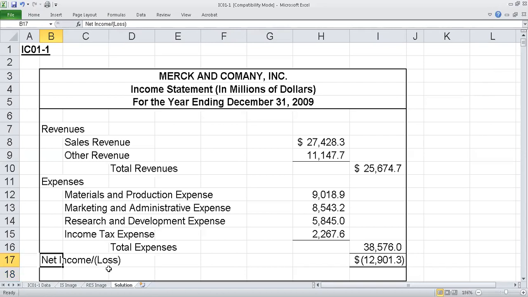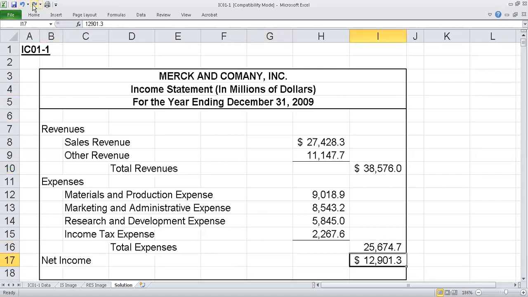You may see that in Wiley Plus. That's an alternative way of doing it. My personal preference is just to say whether it's income or loss. I think that's less potentially confusing to the reader. Let me take this back to the way that it was.